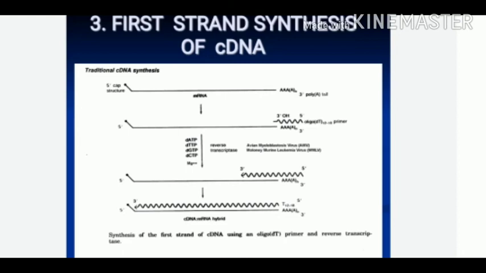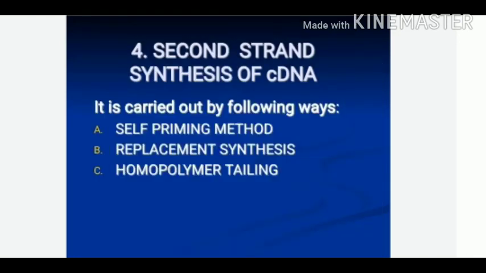At the end of this step, we get one strand of mRNA and one strand of cDNA, so it is called as cDNA-mRNA hybrid.